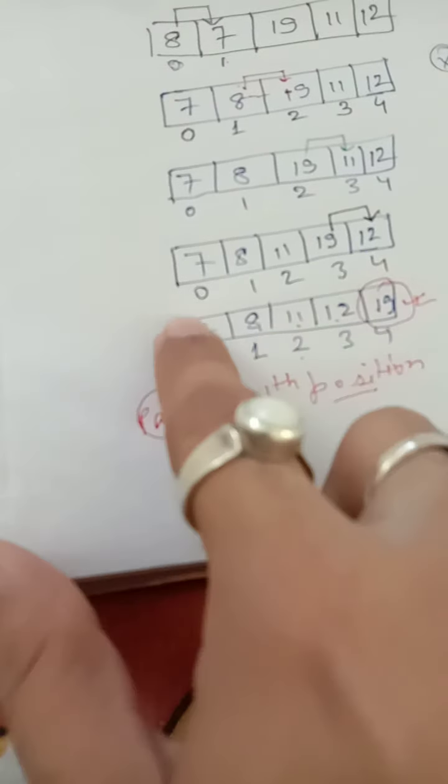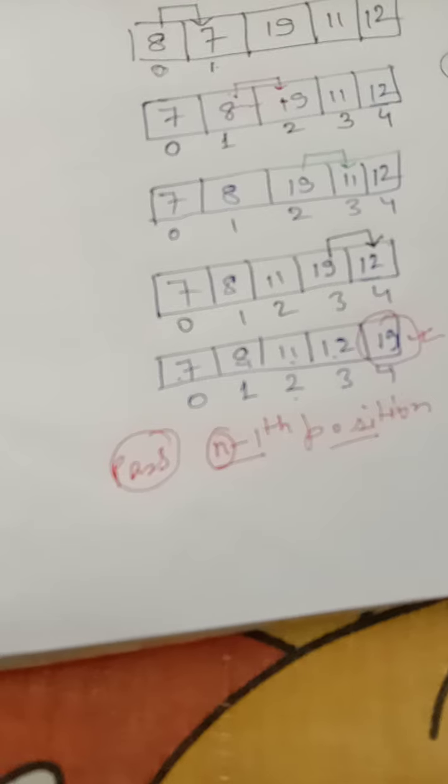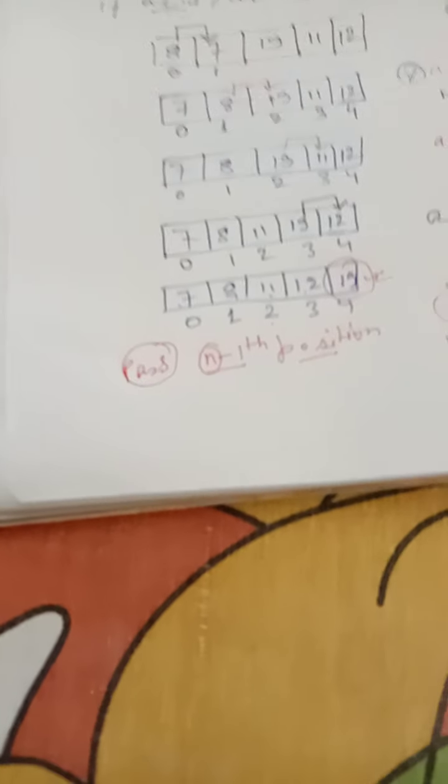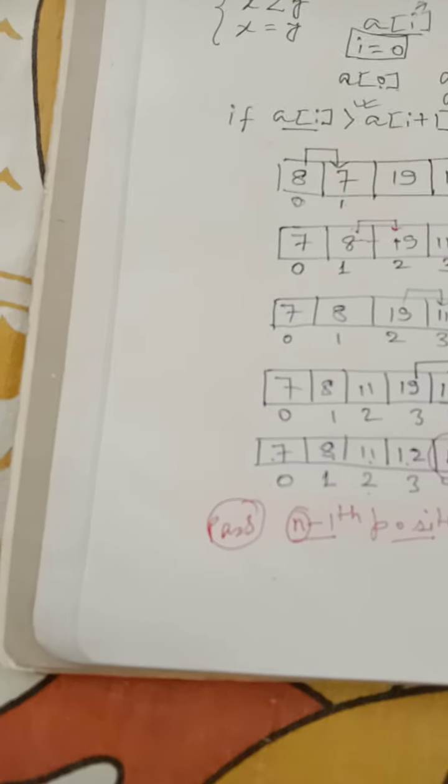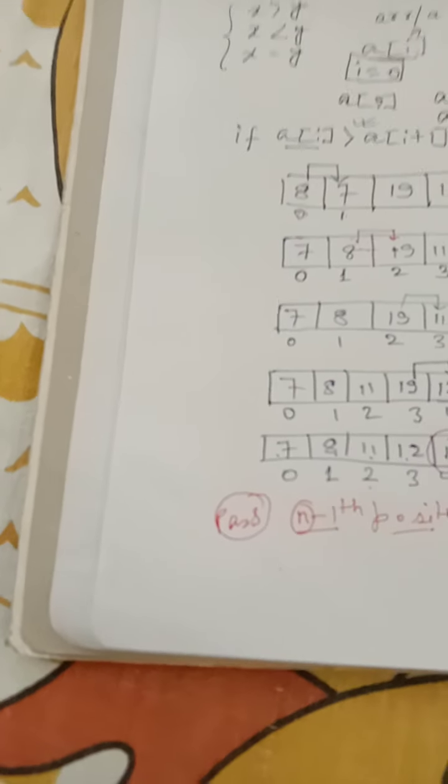Since you can see these elements are already sorted after the very first pass, we will proceed with another example where you can get the original flavor of bubble sorting.